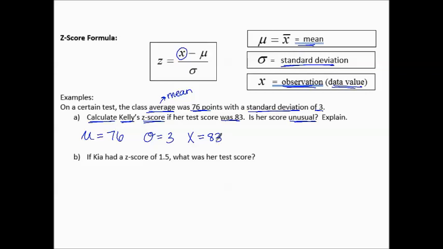So now I'm going to substitute that into my formula. I am looking for z. I want to know her z-score. So I'm going to substitute in here my x, which is 83, minus my mean, which is 76, all over my standard deviation, which is 3.